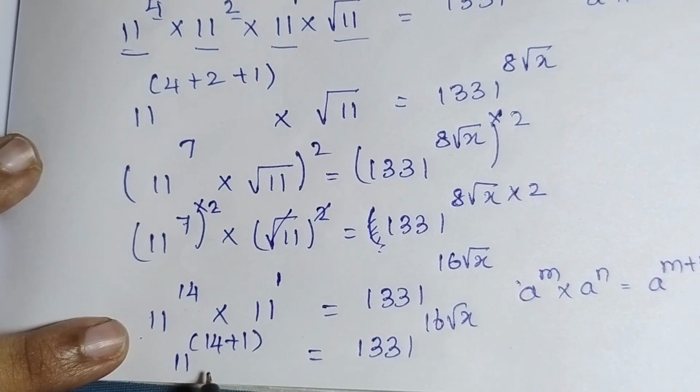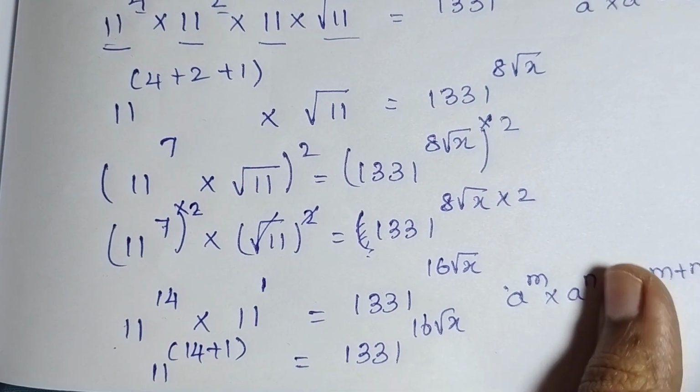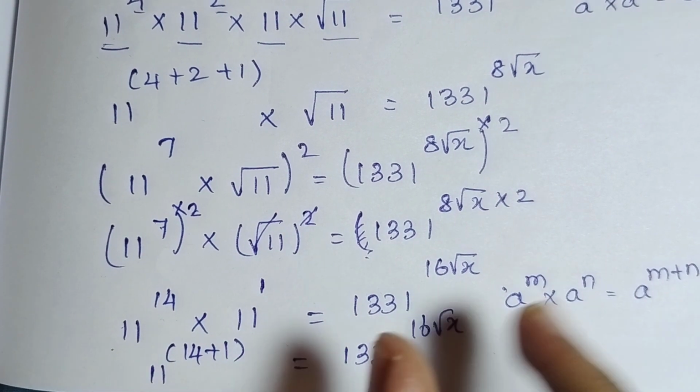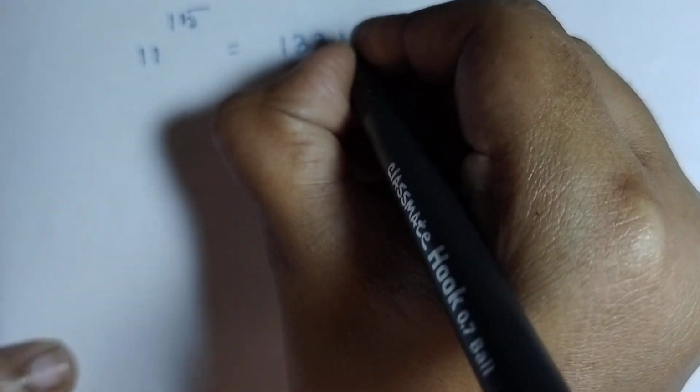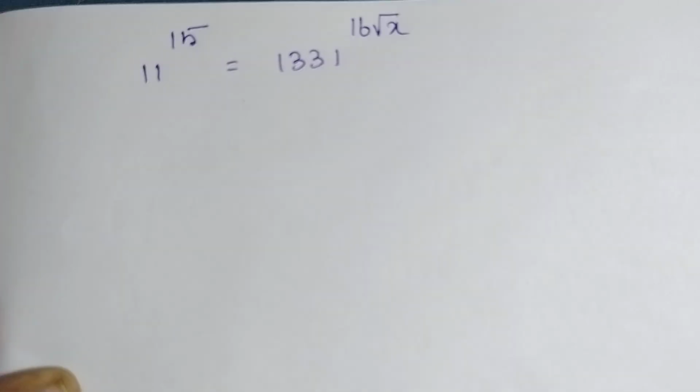Therefore what will I get? 11 power 14 plus 1 is 15, which is equal to 1331 to the power of 16 root x.